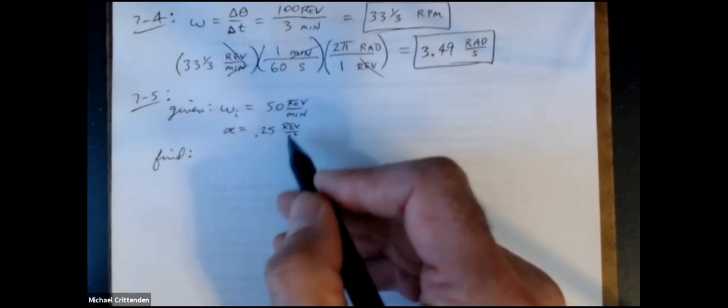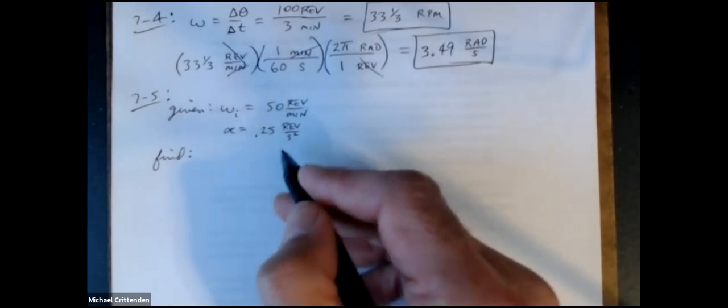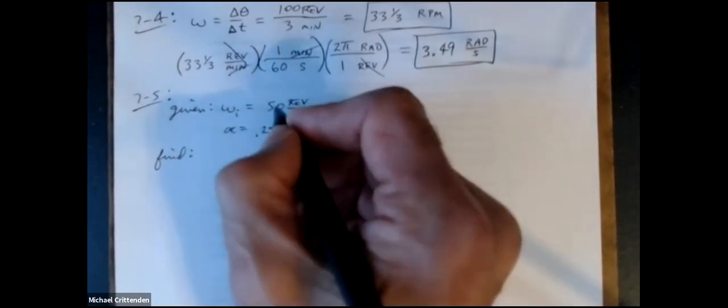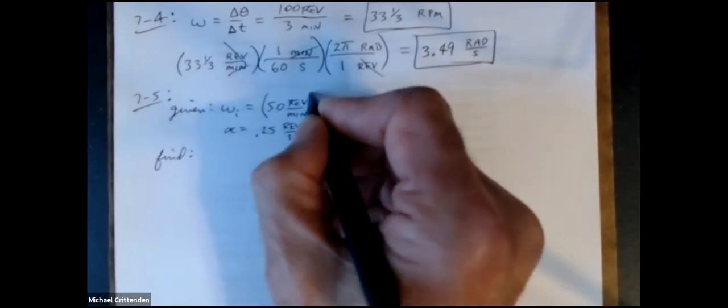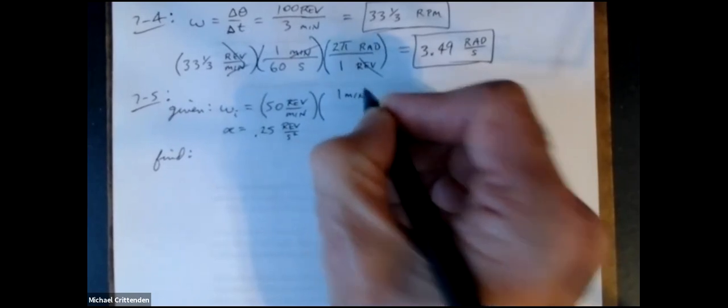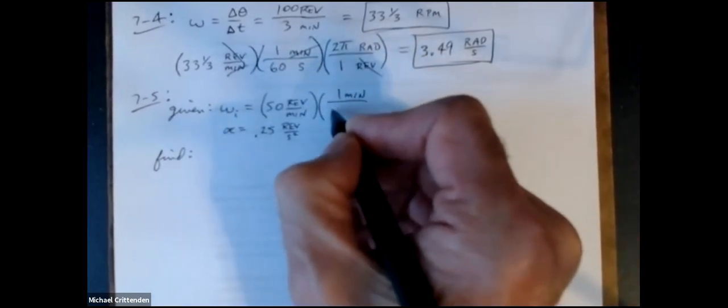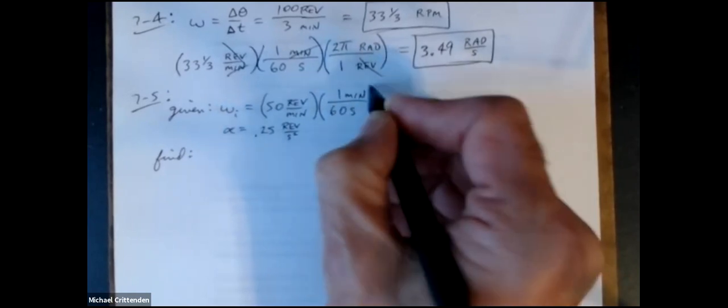If for some reason you really like minutes, you could convert seconds to minutes and do it that way. But seconds is the preferred SI unit, so I'm going to take the minutes and change them into seconds. 1 minute equals 60 seconds, same thing I did up here in the previous question, so the minutes cancel out.